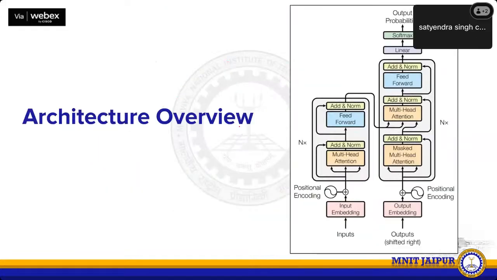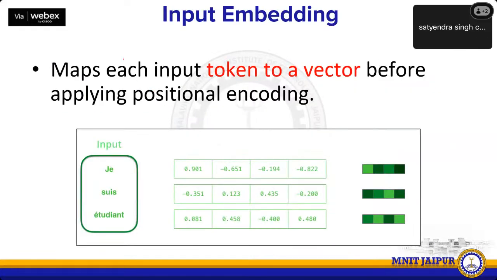So in this architecture, starting with the input embedding. Input embedding is nothing but, for each input, we have a word vector, which we had discussed earlier as well. So we map each input token to a vector before applying positional encoding.